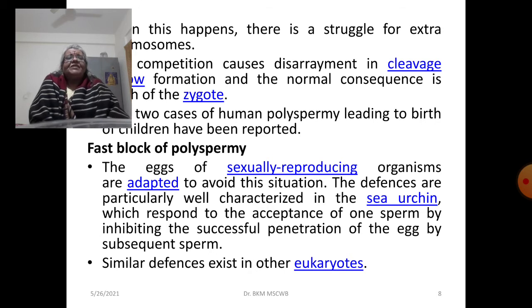And the defenses are particularly well characterized in sea urchin, which respond to the acceptance of one sperm by inhibiting the successful penetration of the egg by subsequent sperms. And similar defenses exist in other eukaryotes also.